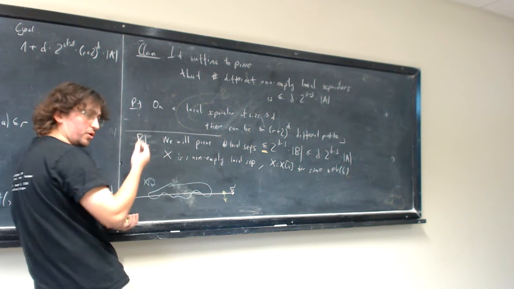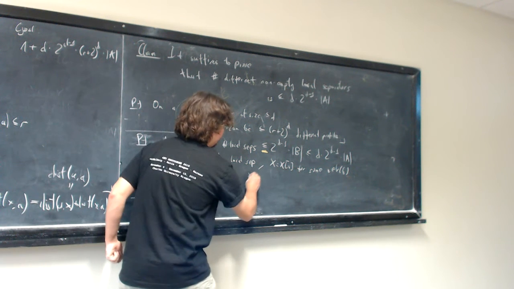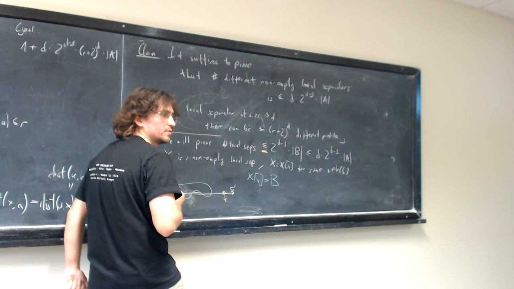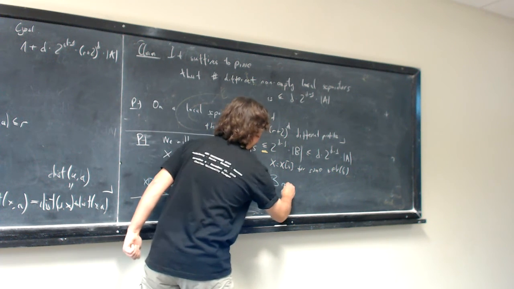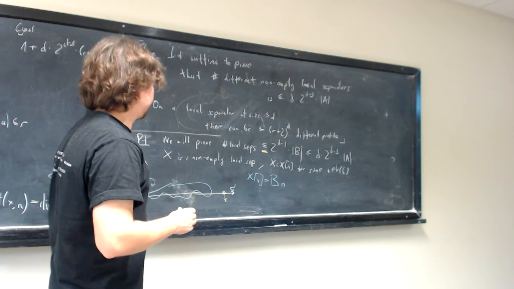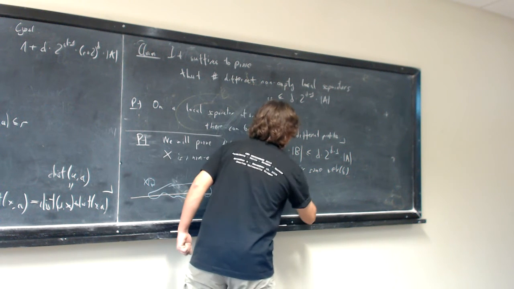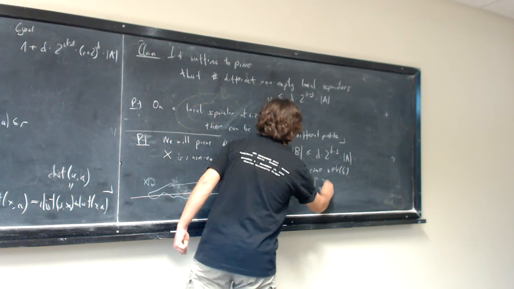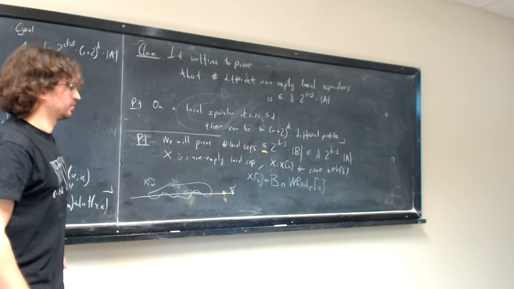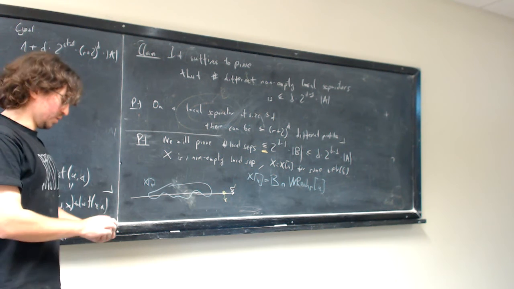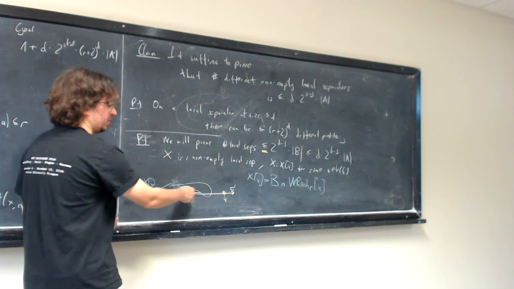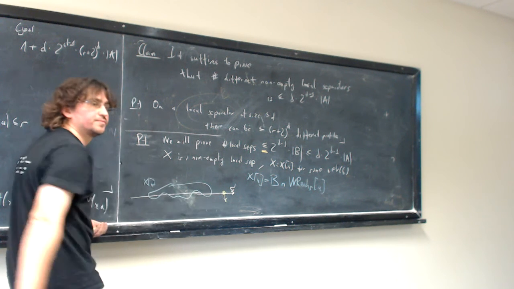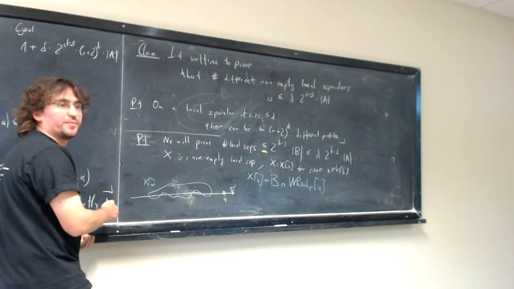And now recall how X of u was defined. X of u is just the intersection of B with the weak reachability set at distance r of u. So in particular, all these guys here are weakly distance r reachable from u. This is why I drew them to the left of u.